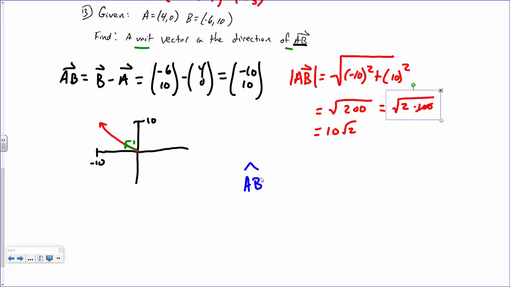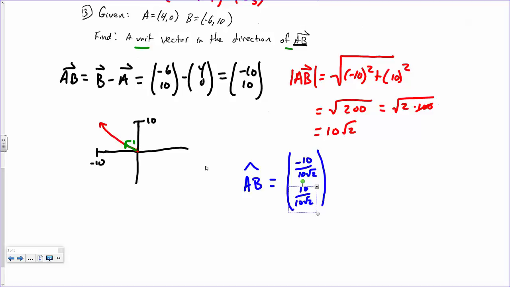That little hat symbol means it's a unit vector, its magnitude is 1, and it's going to go the same direction as AB. So to find this unit vector, I'll take the vector components of AB, negative 10 and positive 10, but I'll divide them both by the magnitude of AB, which is 10 root 2. So I'll divide both of these by 10 root 2.